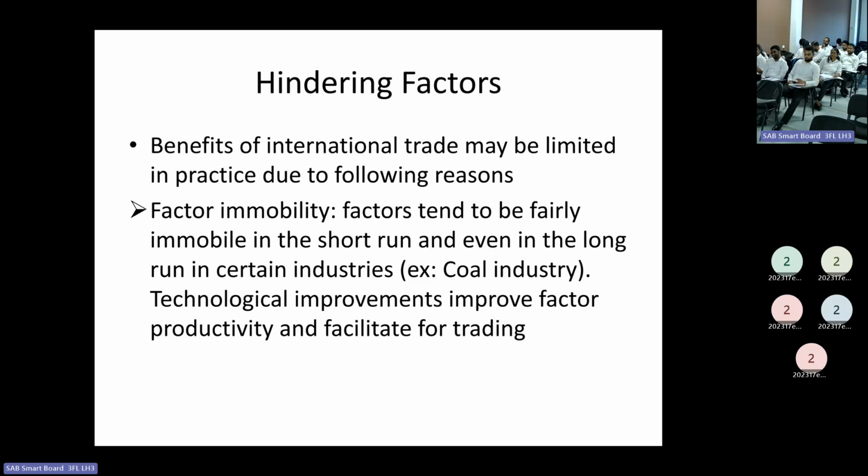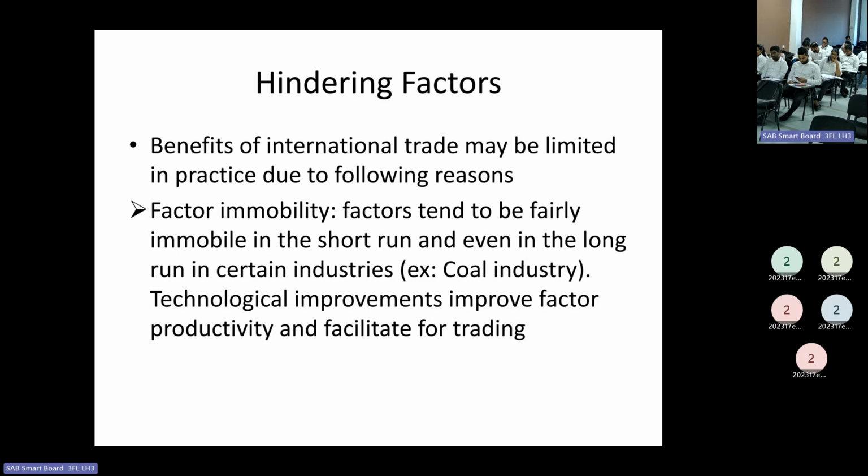Analyzing from an economic point of view, in the short run and the long run, factors are not totally mobile. After some time, in the longer term, factors can be mobile to some extent. But in certain industries, like small industries, even in the long run it is very difficult to find the factors.